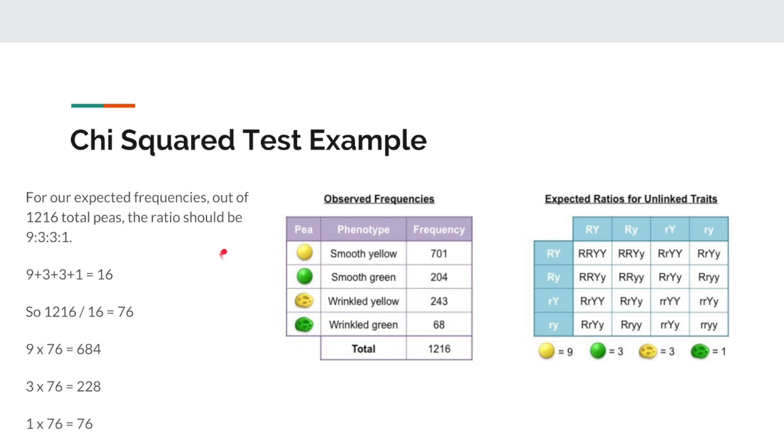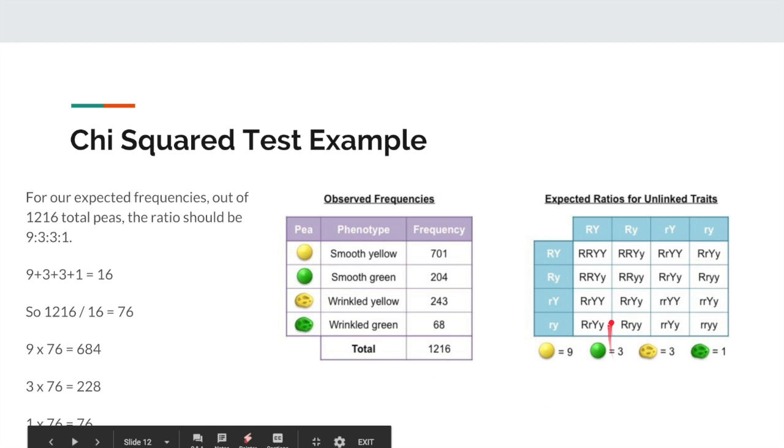The first thing that we want to do is figure out the number of expected peas that should fall under each of the phenotypes. To do that, we have our total number of peas, right? What we would expect is that 9 out of 16 of the offspring should be smooth and yellow. Then 3 out of 16 should be smooth and green.